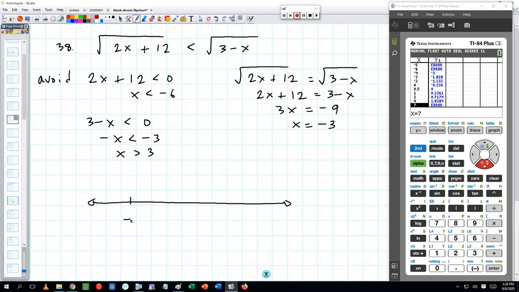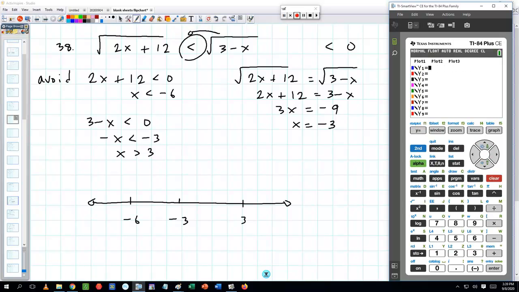We have negative 6 to the left, negative 3, and positive 3. I'm going to subtract this to the other side so I can compare everything with this less than sign to being less than 0. So delete all these little things. Y equals clear.